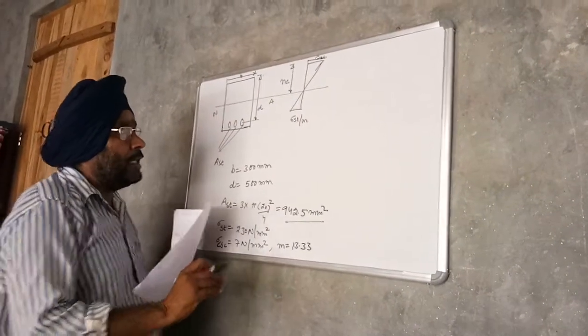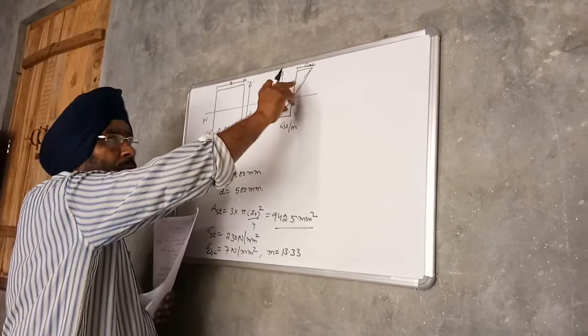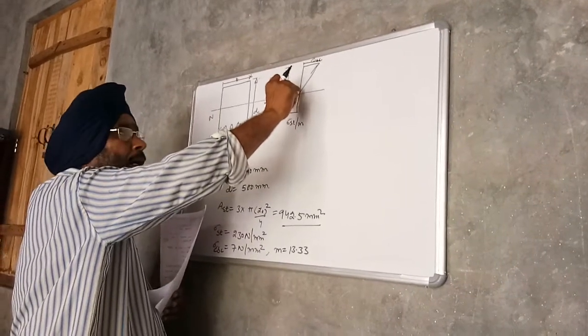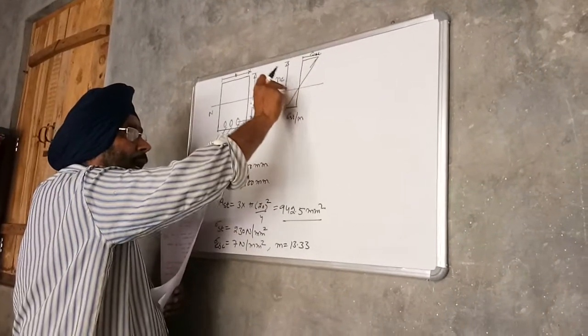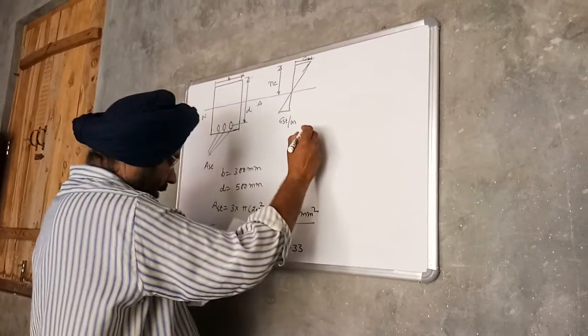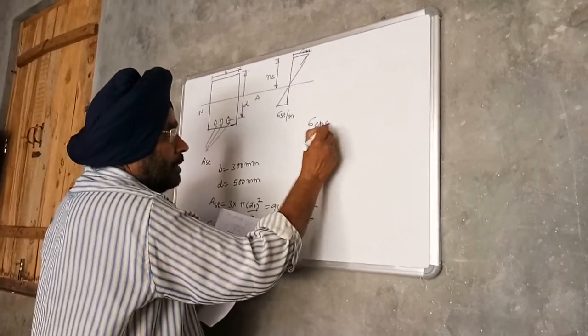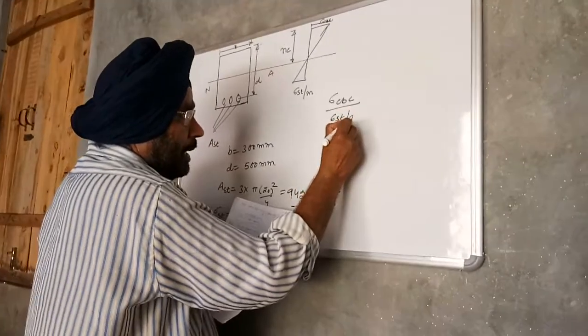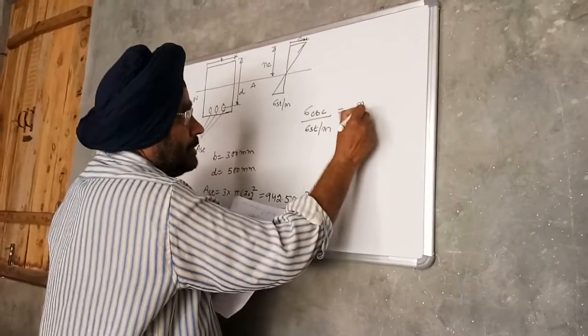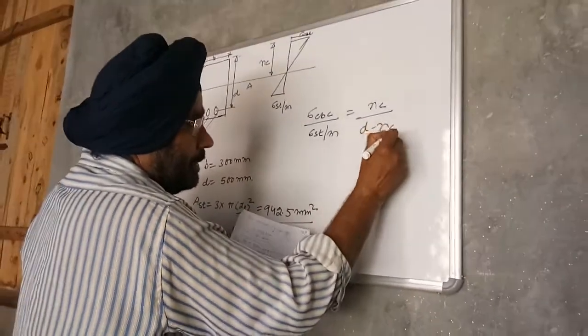So Nc is calculated from this stress diagram. By equating the sides of the similar triangles, we get Nc. So this is sigma CBC upon sigma ST upon m, equal to Nc upon d minus Nc.